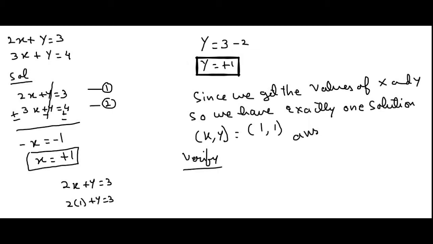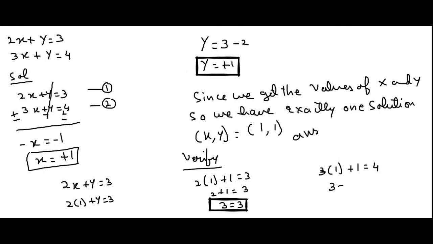Verify: 2 times 1 plus 1 is equal to 3. 2 plus 1 is equal to 3, so 3 is equal to 3. So equation 1 is verified. Equation number 2: 3 times 1 plus 1 is equal to 4.